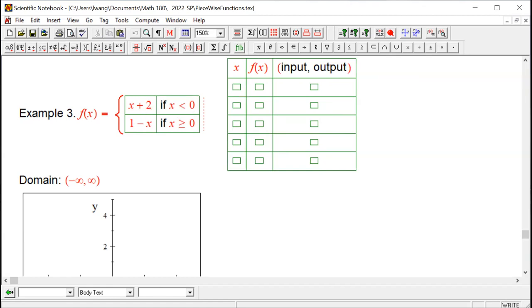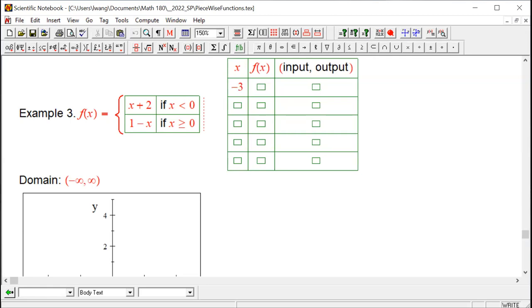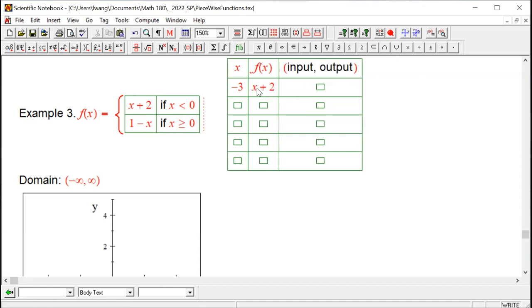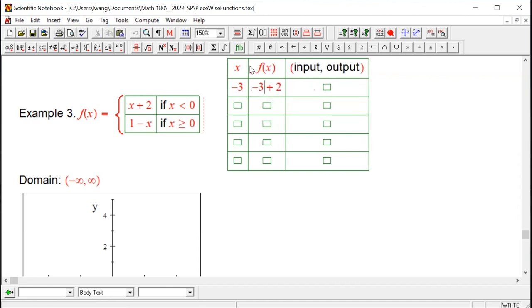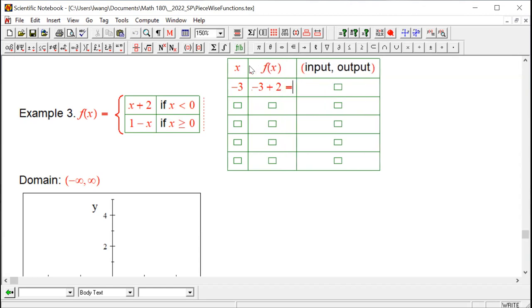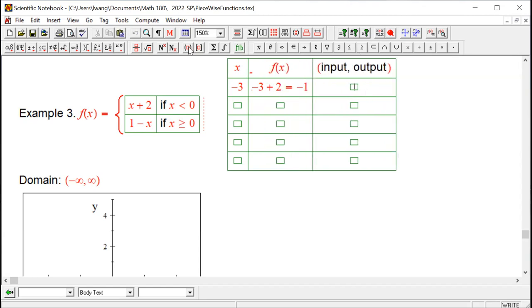So we're going to pick, say, -3, and the output is going to be x plus 2, input plus 2. -3 plus 2 gives me -1. So when input is -3, the output is -1.